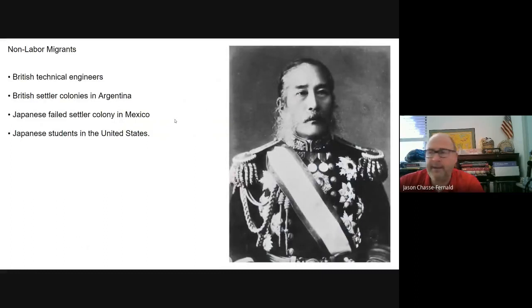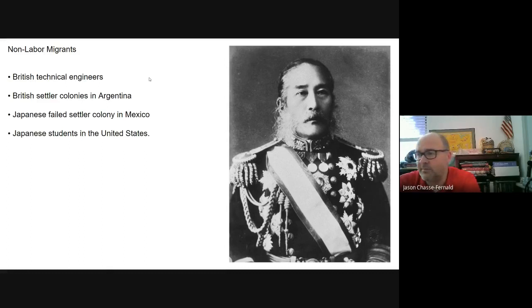When we talk about imperial migration, there is definitely a sizable amount of non-labor migrants during this time period. So, British technical engineers, South Asian technical engineers, a lot of British colonists and engineers moving to Argentina.